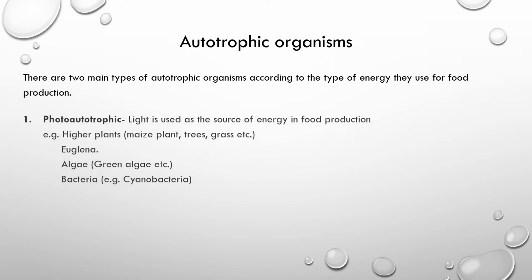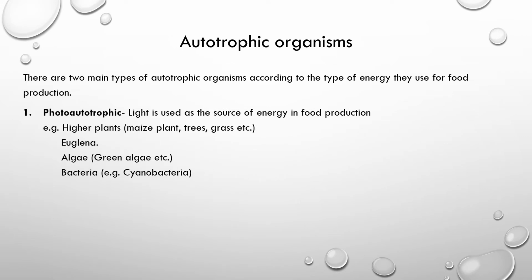The first type is photoautotrophic. Photoautotrophic organisms means plants or the photosynthetic organisms. You know what photosynthesis is, and in photosynthesis these photoautotrophic organisms produce food by taking solar energy as the source of energy in food production.